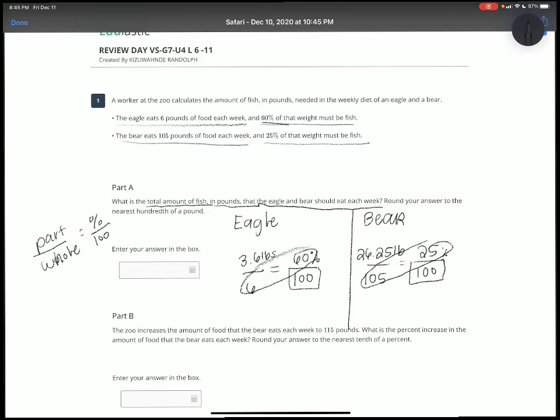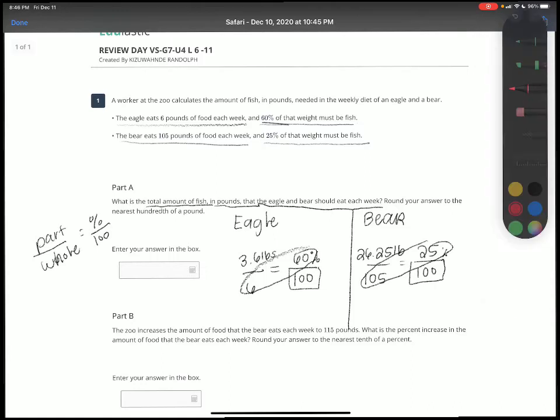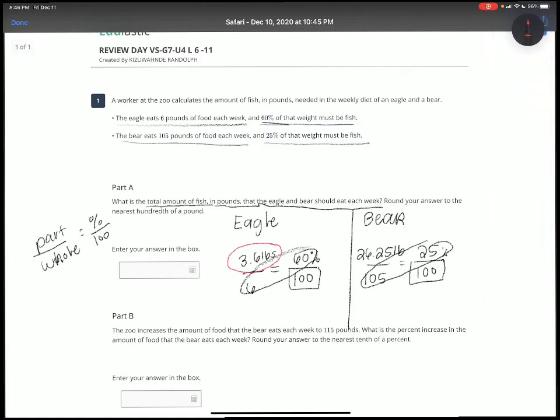Okay, so when I look at the question they're asking, what is the total amount of fish that the eagle and the bear eat? I'm sorry about that. So the eagle eats 3 and 6/10 pounds of fish, and the bear eats 26 and 25 hundredths pounds of fish.